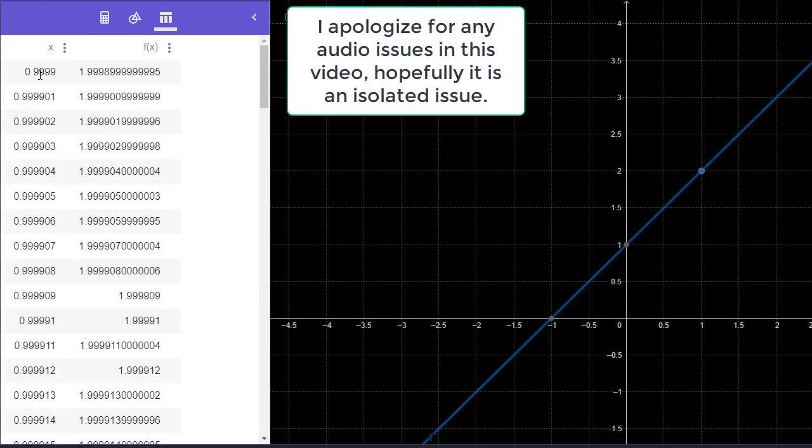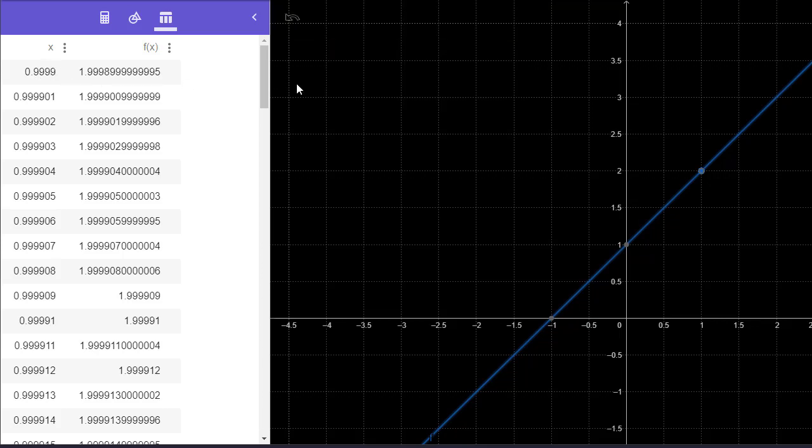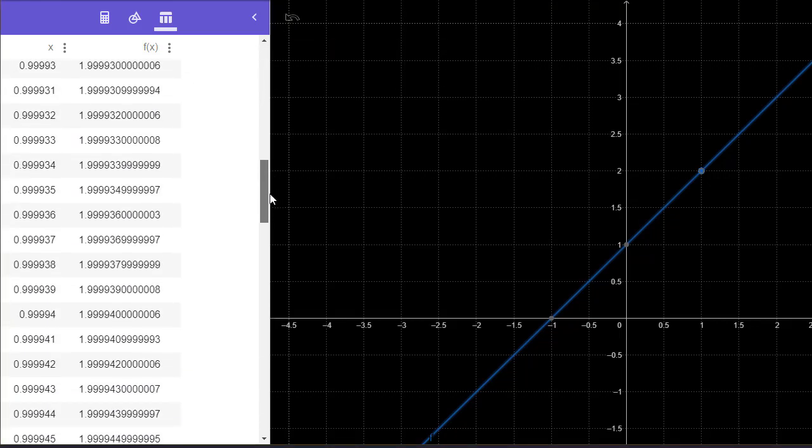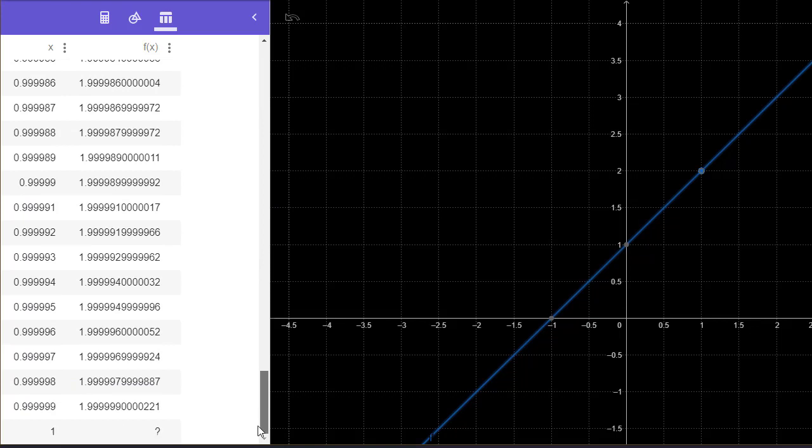So let's look at a table of values really close to 1. I'm starting really close, 0.9999, and getting closer and closer. Notice in the table, this is just software doing it, when we actually plug in 1, we get a question mark, because we can't plug in the 1.